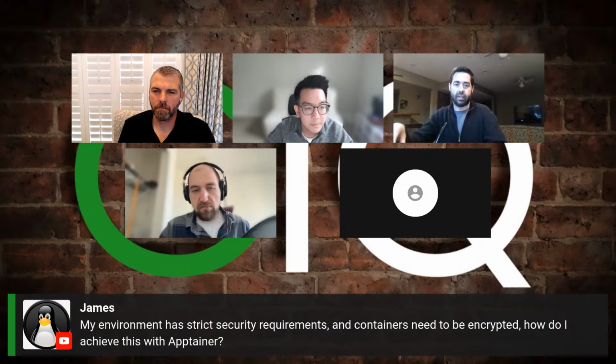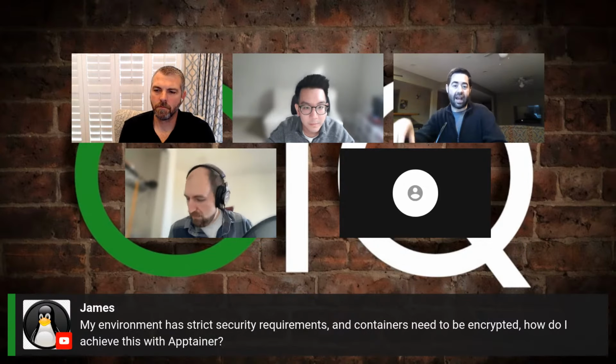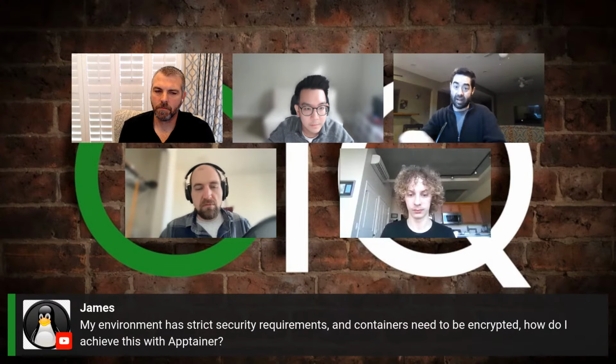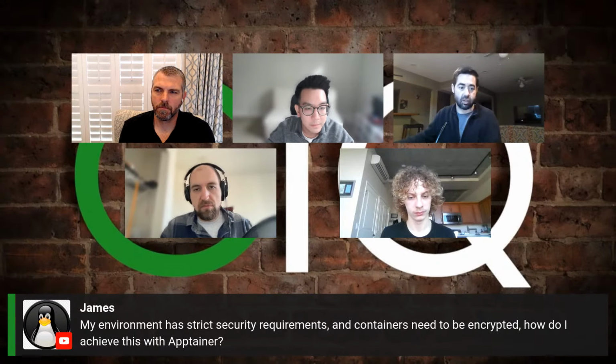Once that's encrypted, those different partitions become encrypted so that they can't be read when they're sitting on disk. And in fact, they remain encrypted even when you run the container, so that they're only decrypted within the new mount namespace, so that they remain encrypted on disk or obviously in transit.